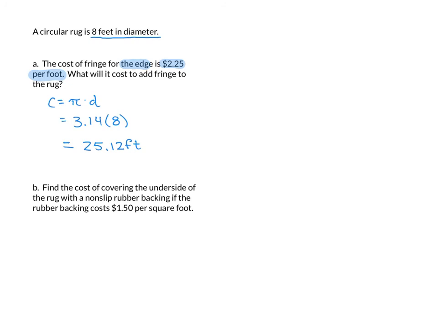Now that's just my circumference. We still need to figure out the cost. So to find our cost, we're going to multiply 2.25 times my circumference, and we get $56.52.